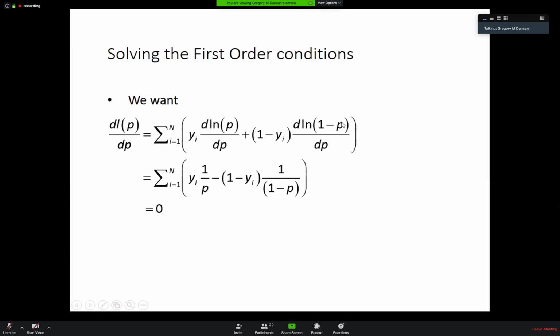The derivative of log of 1 minus p is minus 1, because of the minus here, times 1 over 1 minus p. And so our log likelihood derivative becomes the summation of yi divided by p minus 1 minus yi divided by 1 minus p. And we want to set that equal to 0.